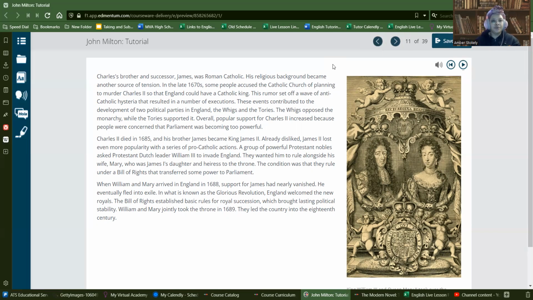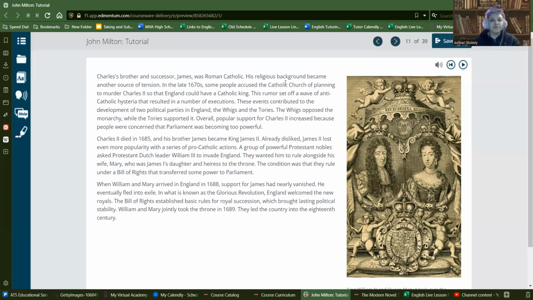Now, in previous lessons, we were talking about how there was a back and forth between the kings and queens on whether or not they were Catholic or Protestant, and how juggling that changed the politics for people who were living there. So again, we're going from someone who was pushing back on Puritan power to James, who was Roman Catholic. So if you were Roman Catholic, you were kind of against the Puritans as well, even if it was for different reasons. And it did become an issue.